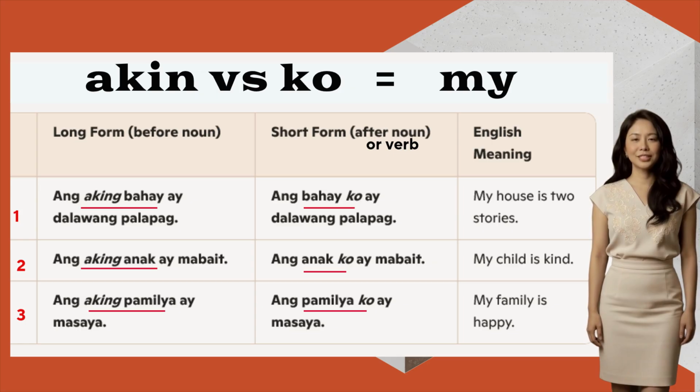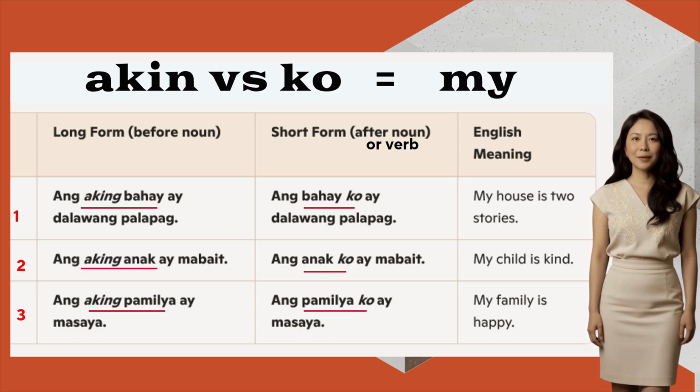And also notice that we used a linker G for akin because we are linking it to a noun. And since akin ends with letter N, we use the linker G. So it becomes aking bahay, aking anak, and aking pamilya.